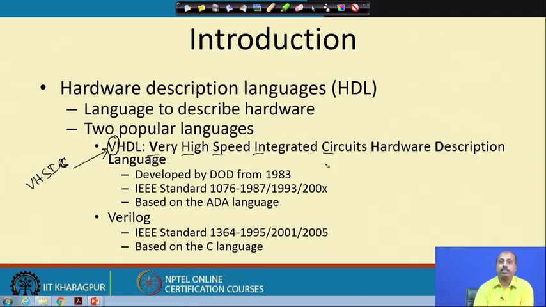So, this VHSIC hardware description language, or VHDL, was developed by the Department of Defense from 1983, and IEEE standards have come up. It is based on the ADA language. So, the basic language on which this VHDL has been designed is ADA.